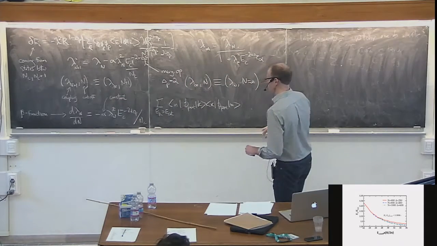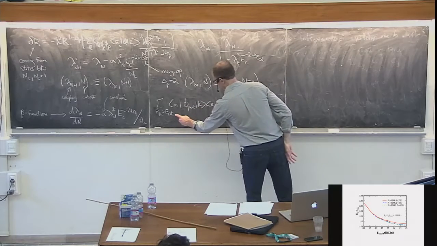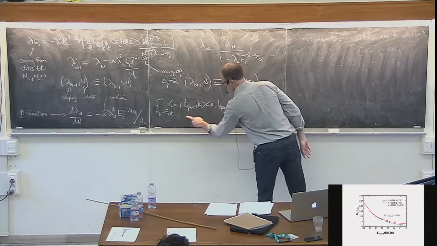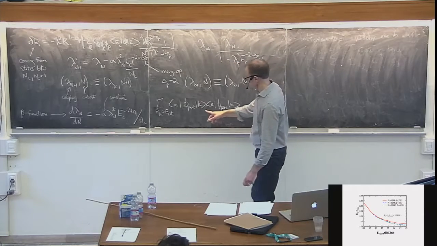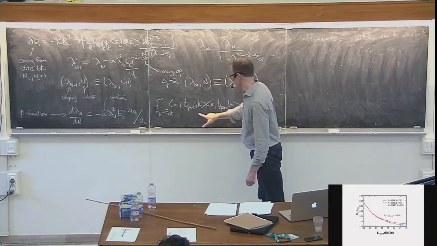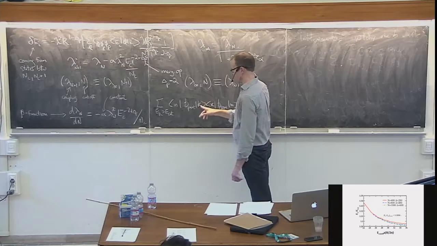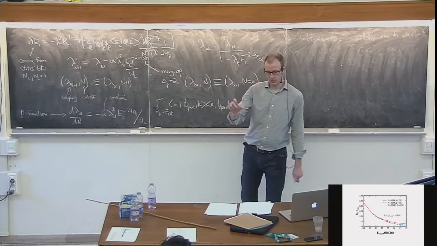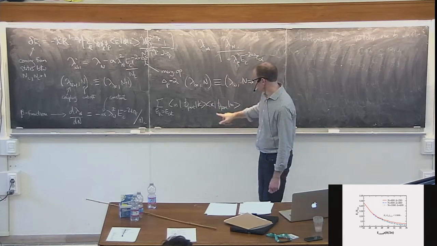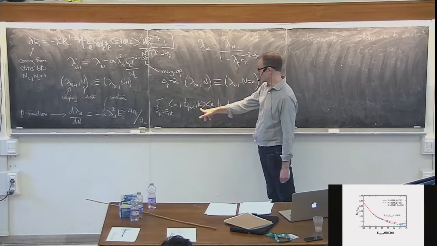And one thing to note, you might think when you are evaluating this type of sum, you have to worry about two things. You have to worry about how this matrix element here is suppressed in energy, but then at any given energy window, there's going to be some number of states. There's going to be a density of states at that energy.